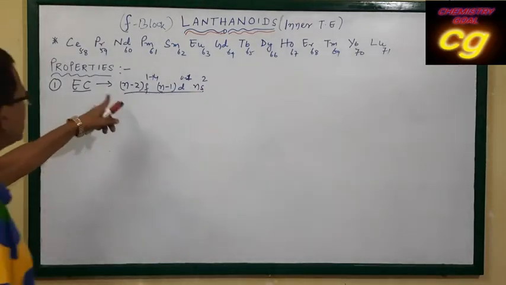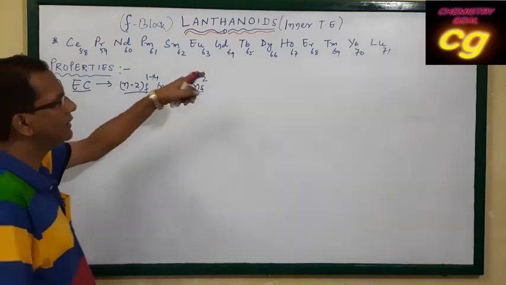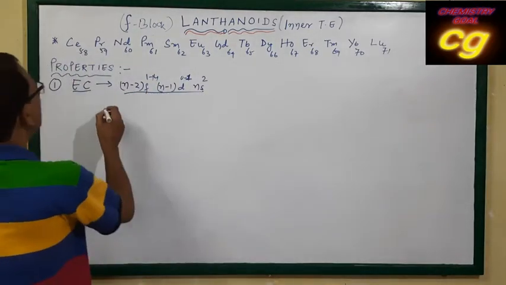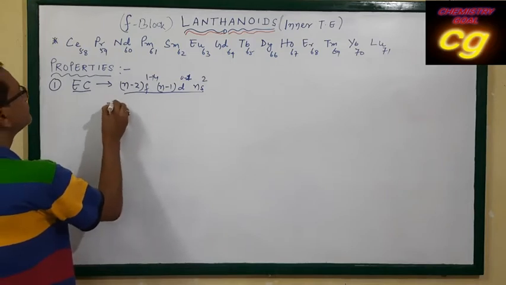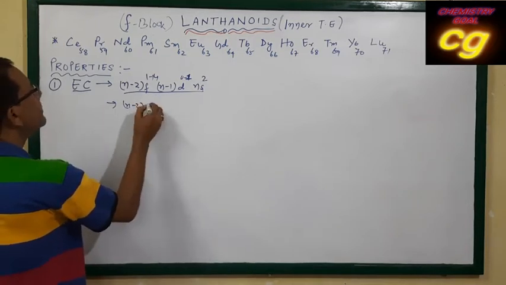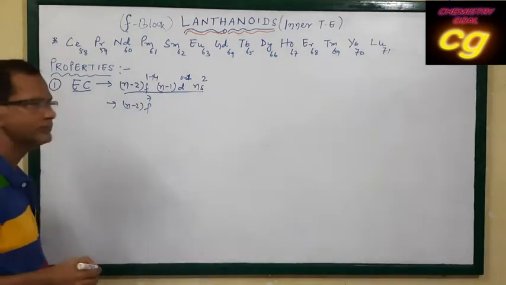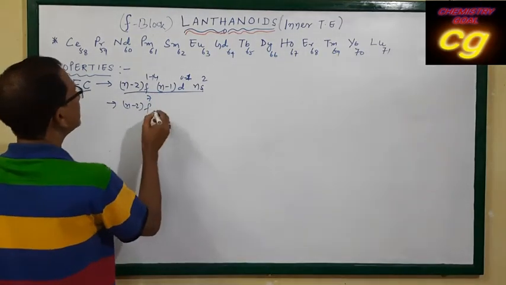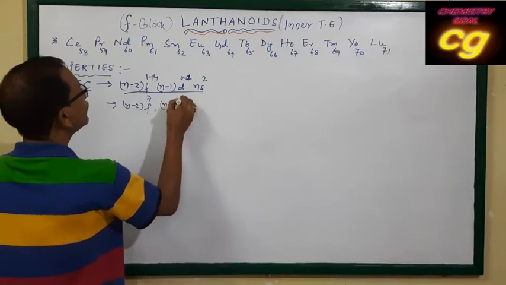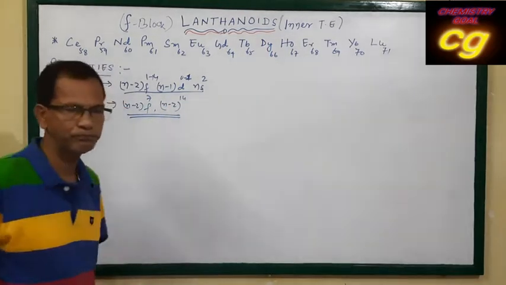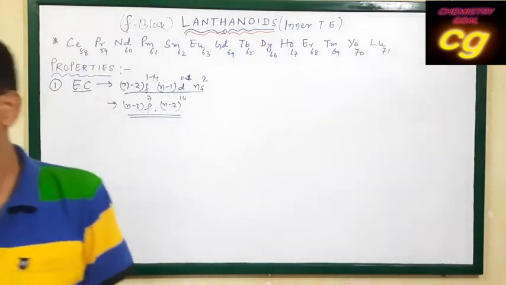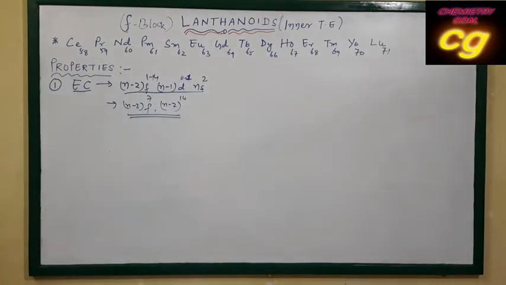And if you see these elements, if they contain 4f14 or 4f7, these elements are stable. For example, gadolinium and ytterbium.